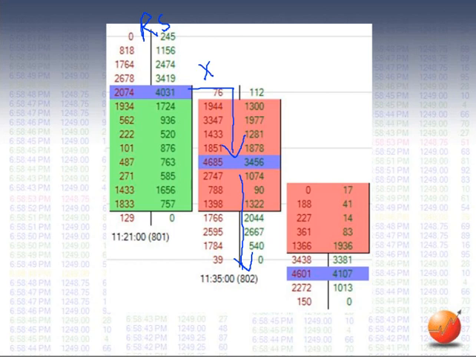Okay, Gov, take care. Could say entry and target.